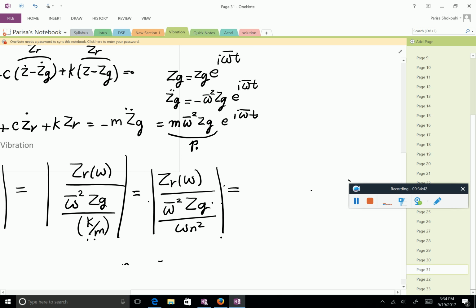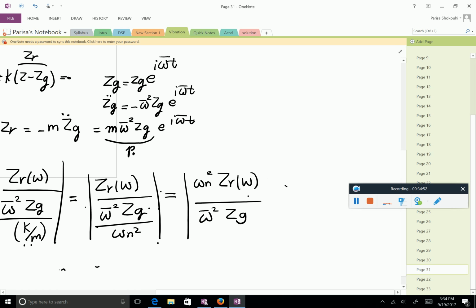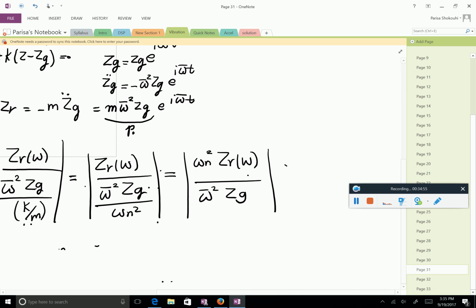Let's bring the omega n up. So this is more like Z bar, ZR double dot, and this is more like ZG double dot. If you want these to be equal, you want a magnification factor pretty much around 1.